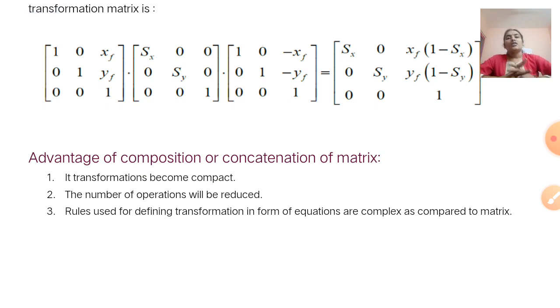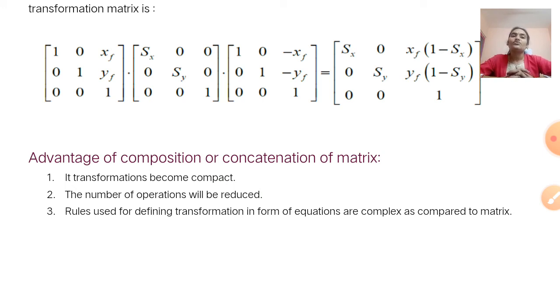Okay. So composition or concatenation of matrices also has advantages. There are three advantages. Transformation becomes compact. The number of operations is reduced. Rules used for defining transformation in the form of equations are complex as compared to the matrix. Okay.